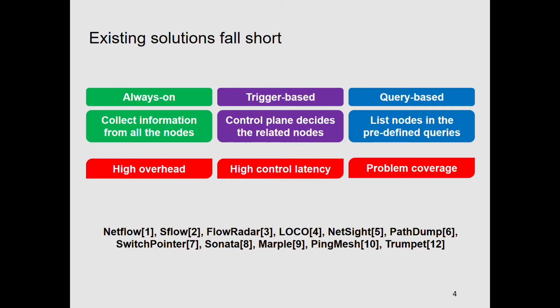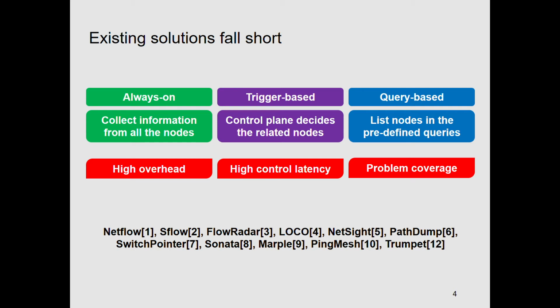Another kind of solution detects the problems on the switches and relies on the control plane to retrieve the information across the network and do the debugging. Those systems maintain a low storage overhead, but the control loop latency is high because they need to send the information to the control plane and let the control plane make the decision. After that, the relevant information stored on the switch may already be expired.